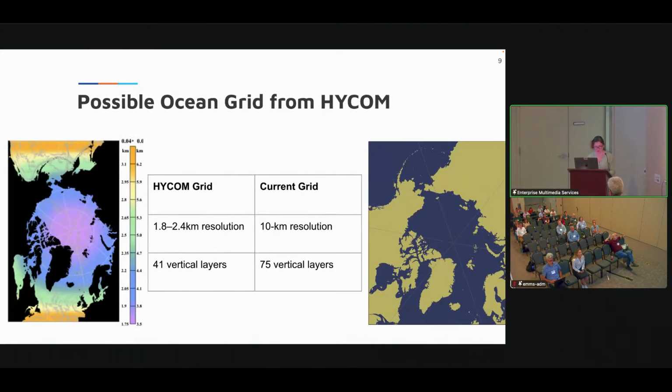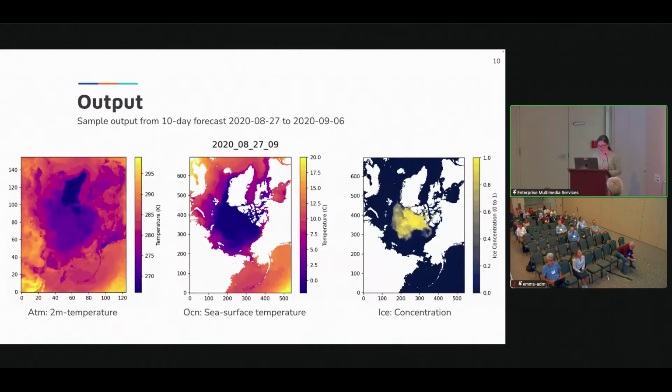I also wanted to discuss that we're exploring how we want this application to be set up. Another possibility is a much higher resolution ocean grid from HICOM that is 1.8 to 2.4 kilometer resolution, so we'd be able to refine it further in that way.